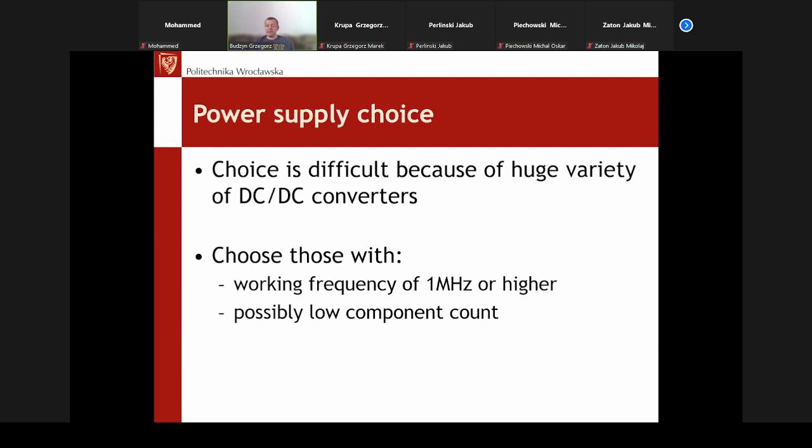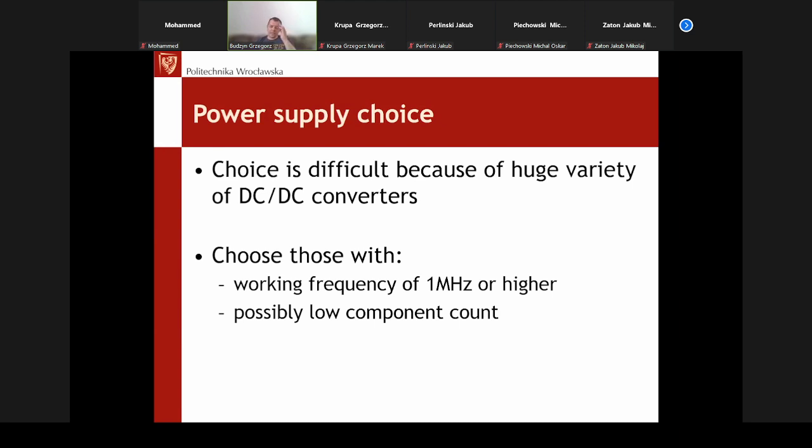So they are available and have similar capabilities, but they are different here and there: different case, different capacitance, inductance, and component count necessary. Yet, in order to choose, I would recommend, first of all, choosing a regulator working with very high frequencies.